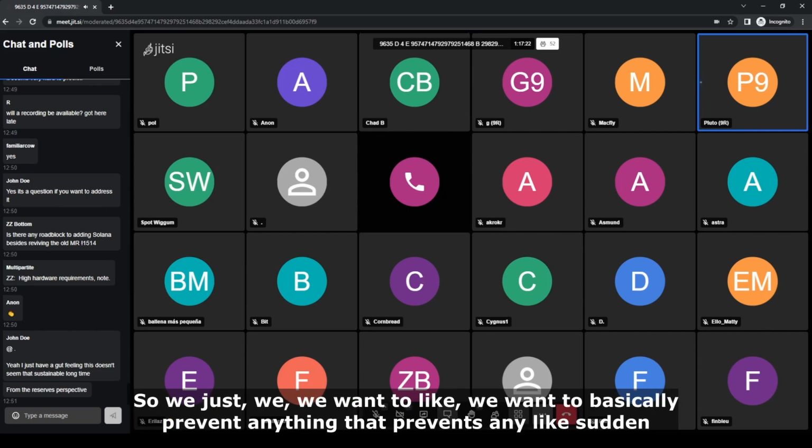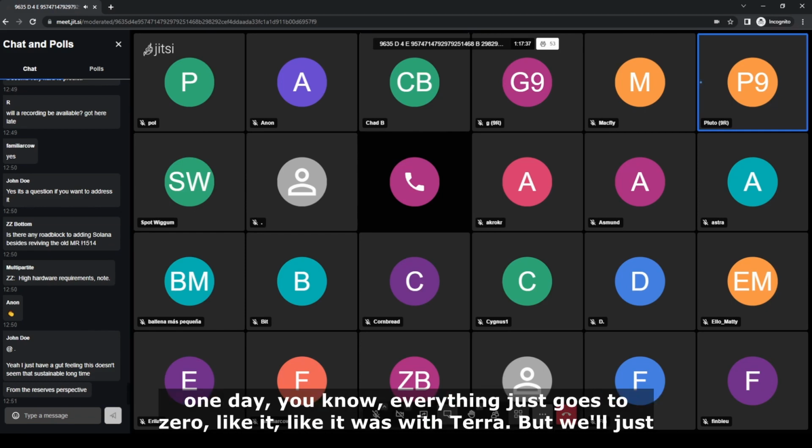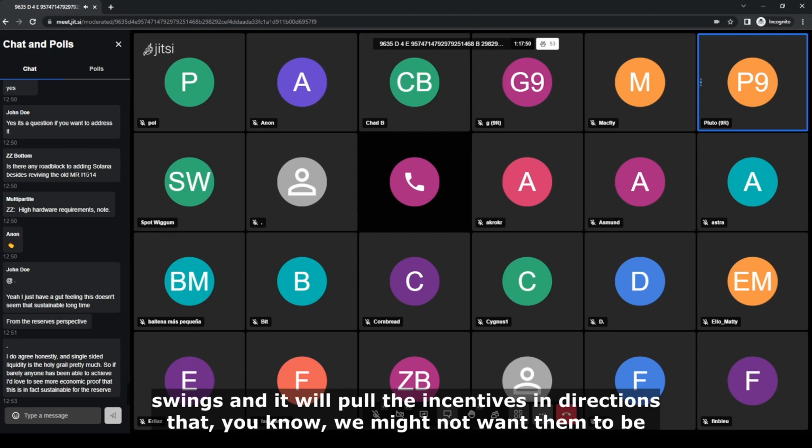So we want to basically prevent anything that causes sudden and violent contractions of the network. It won't be like one day everything just goes to zero like it was with Terra, but as we add more leverage to the protocol, it will exacerbate the swings and pull the incentives in directions that we might not want.